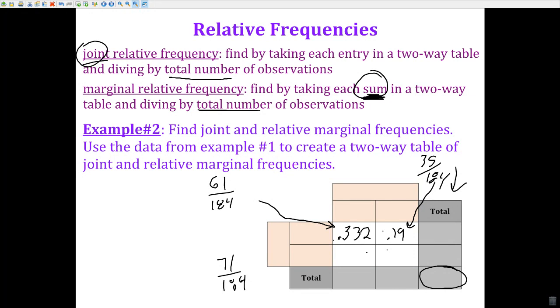And then bottom right should be 17 divided by 184. I got 0.092 and then 0.386. Great. Okay, and you can obviously change all these to percents, right?